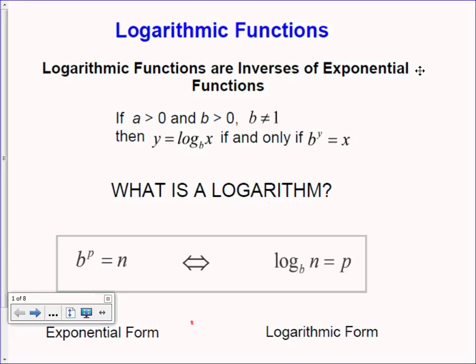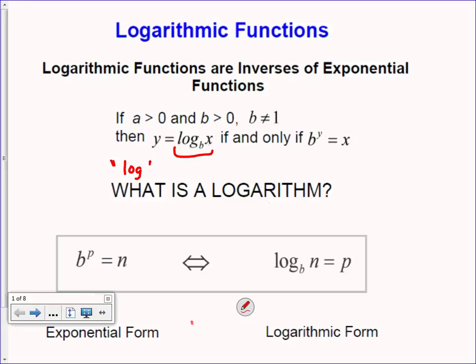So here's a definition for you. If b is greater than 0 and b does not equal 1, then y equals log base b of x. And that's exactly how you read a logarithm, okay?